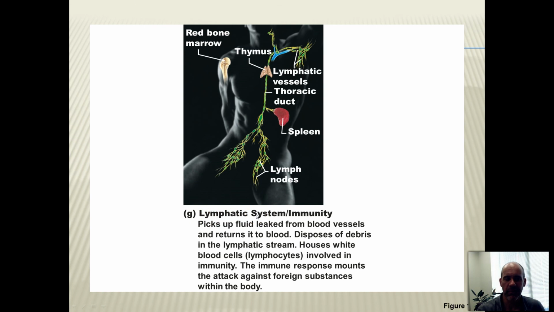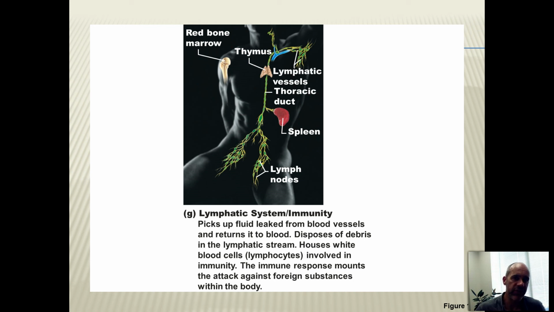Lymphatic system and immune system, you'll study those in Biology 202. This is a system that people aren't all that familiar with a lot of times, but it also consists of a series of tubes that are almost like blood vessels, but they don't contain blood. What they do is, your tissues all throughout your body have fluid in them. They're hydrated. They have fluid.